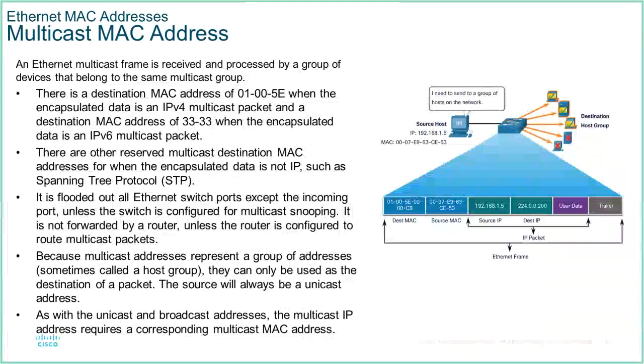So we use multicast addresses, and basically what we do is we set the frames to a specific address range that tells the devices that it is a multicast frame, and if the host is a member of the multicast group, it'll pick up the frame and check to see whether it's part of each group.